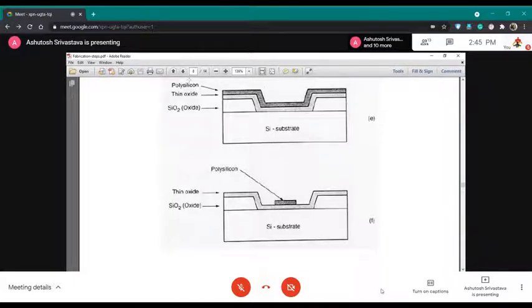You first have a photoresist on the top of it. You expose using a particular mask to the ultraviolet light, and you get the desired structure like this of polysilicon.